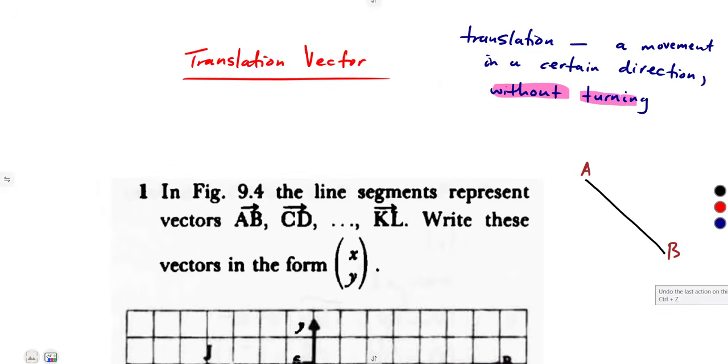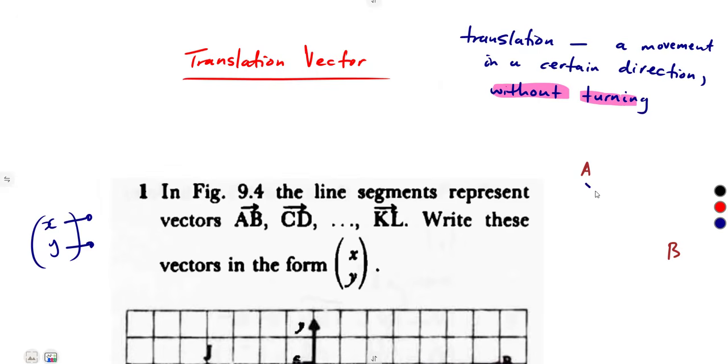We can move from A to B straight like that. But remember, from our transformation, a translation vector was a movement that you consider in X and Y. The vector part is simply a quantity which has direction as well as size. There must be direction in the x-axis and in the y-axis.